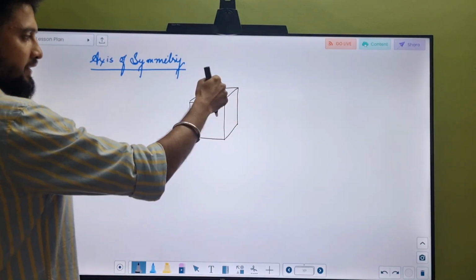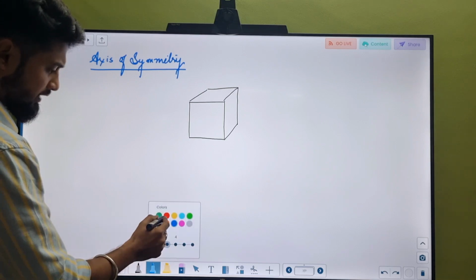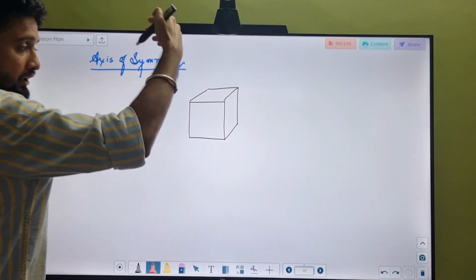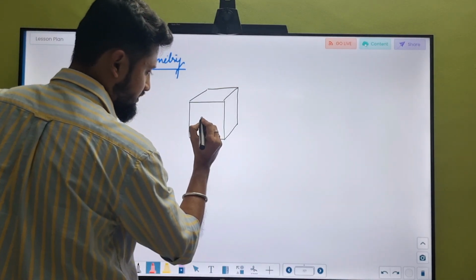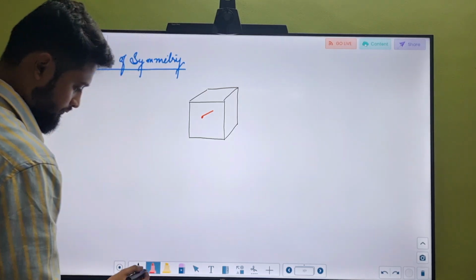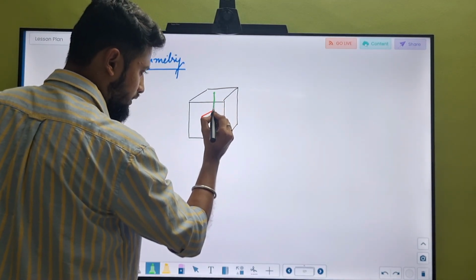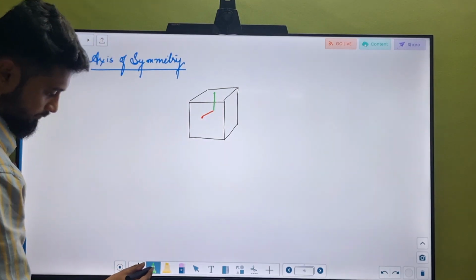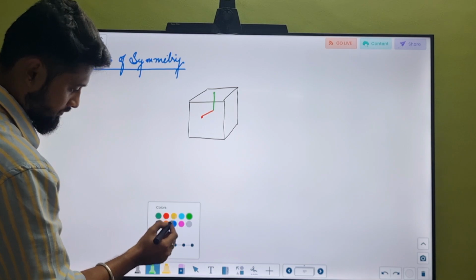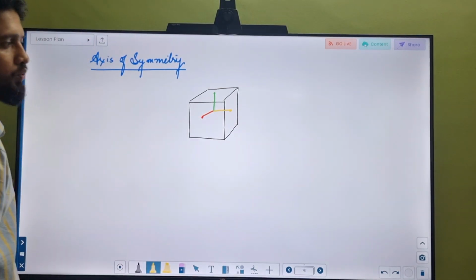These are faces, edges and solid angles. Here I'll draw an axis wherein it cuts the face. This is the face, I'll draw one axis to the center. This is the face, I'll draw one axis to the center. This is the face, I'll draw one axis towards the center.